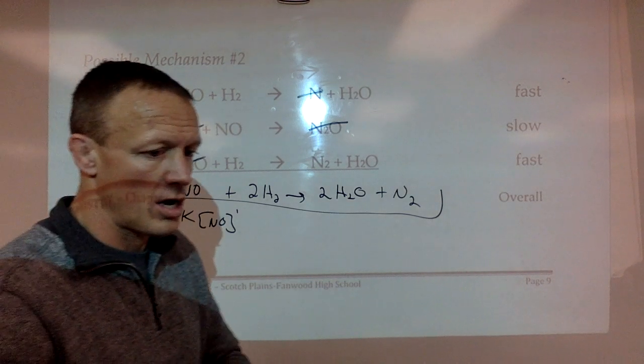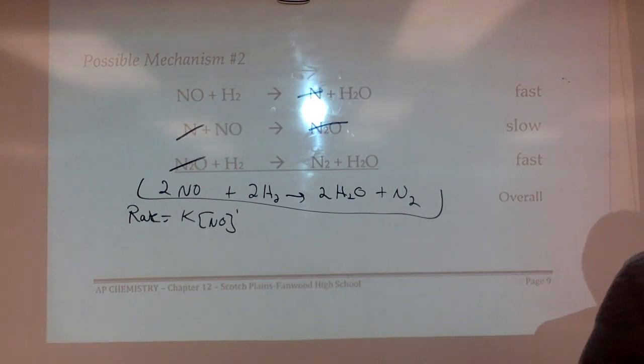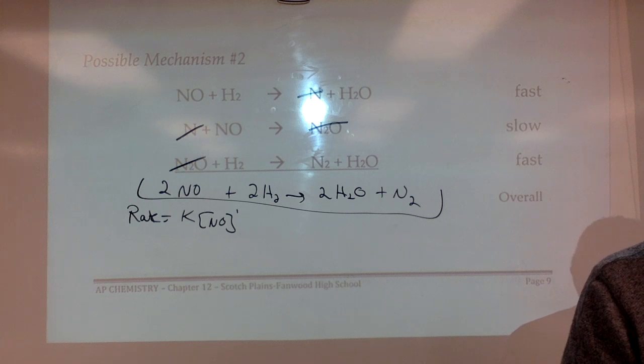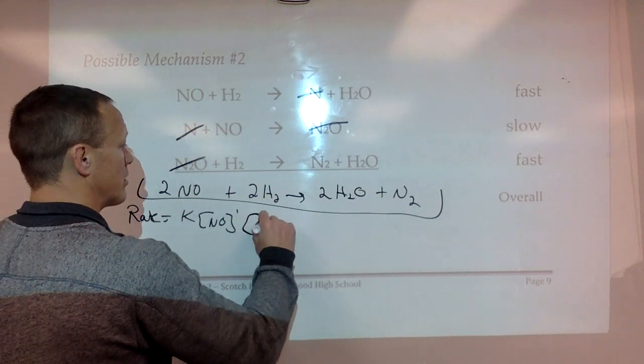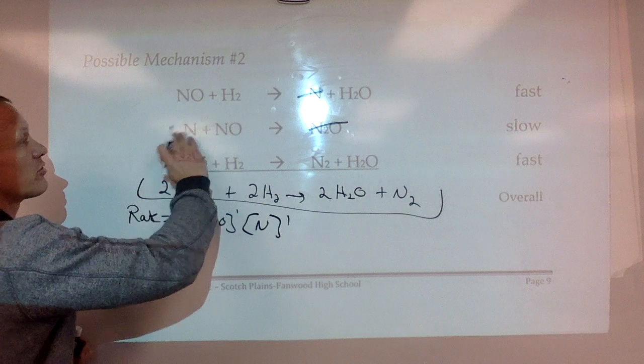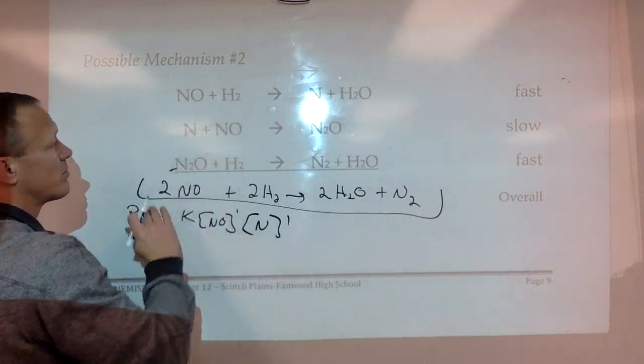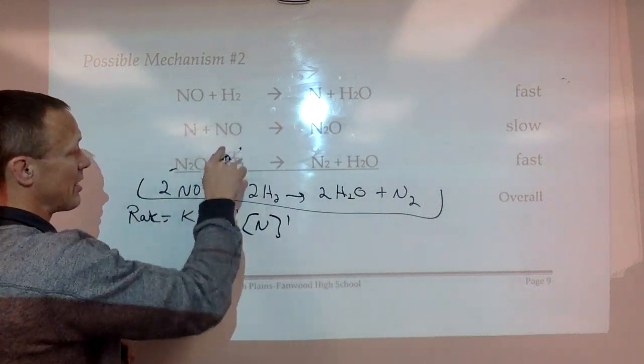So our slow step has these two things, N and NO, both to the first power.